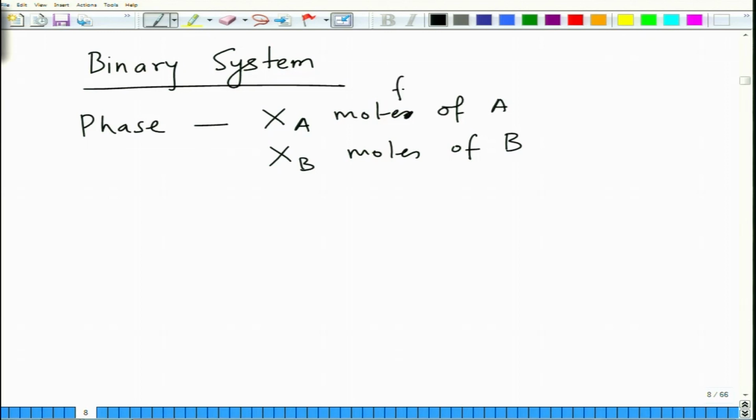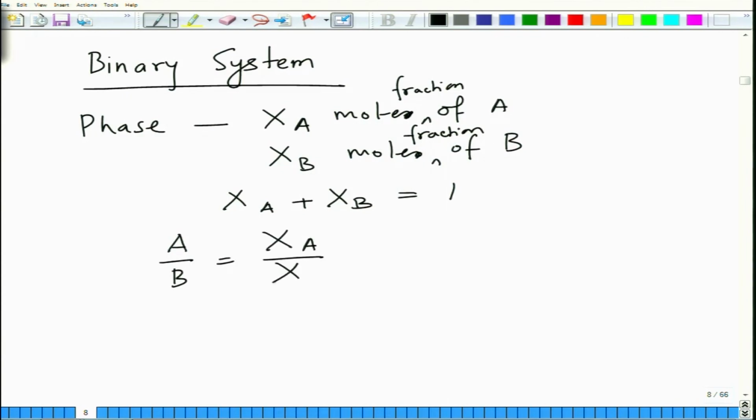So I would say it's not moles, it's rather mole fraction, such that XA plus XB is equal to 1. Since we know the ratio of A and B, what is the A to B ratio? It's nothing but XA divided by XB. Since the ratio of A to B is known in terms of XA to XB, you can increase the size of the system appropriately so that the ratio of XA to XB doesn't change.